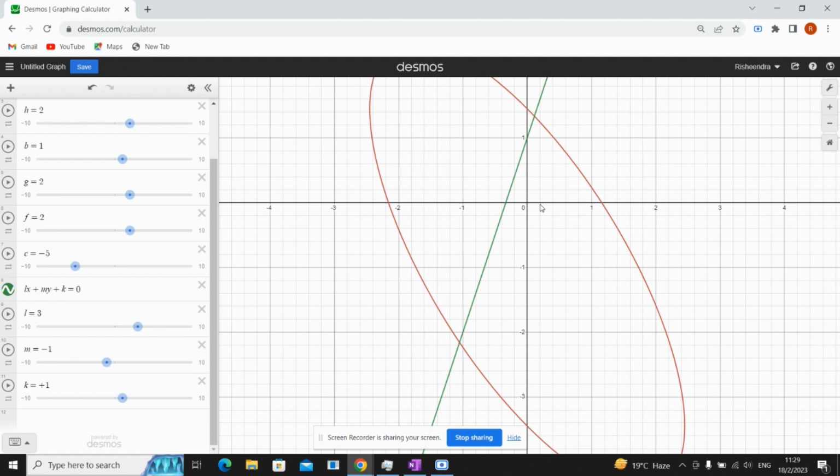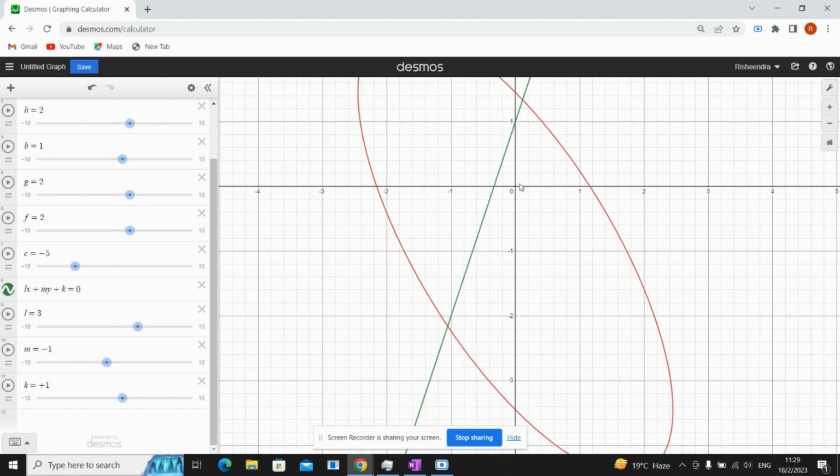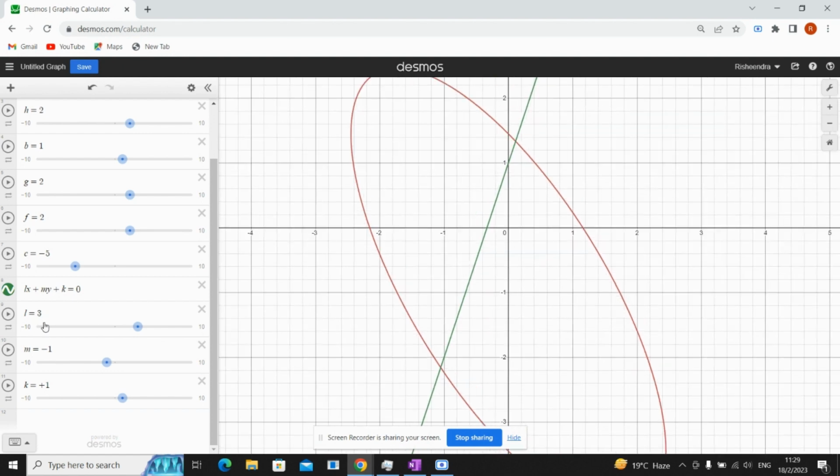You see, this green line 3x minus y intersects the ellipse at two points, right? We have to draw two lines, from the origin to the first intersection and from the origin to the second intersection, and find the angle between the lines which join the intersections of this line and the curve.